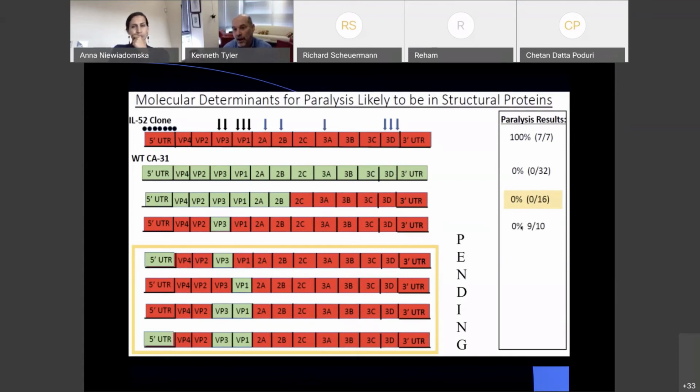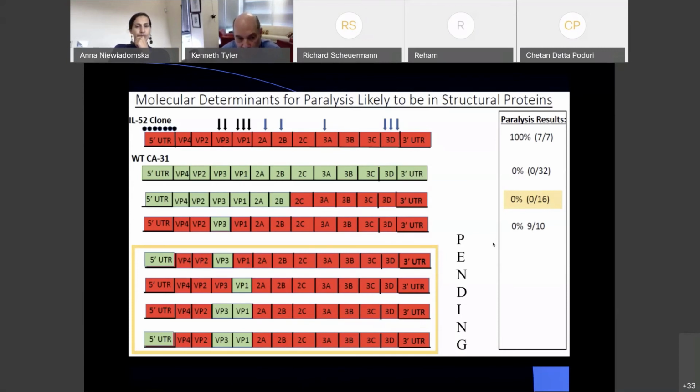That should be 0% of the 10 mice. Sorry, it looks like it says 9 out of 10 there. So on preliminary data we think there's probably an important virulence determinant in VP3. We're also testing VP1, which has 3 changes, and the combination of VP1 and VP3.